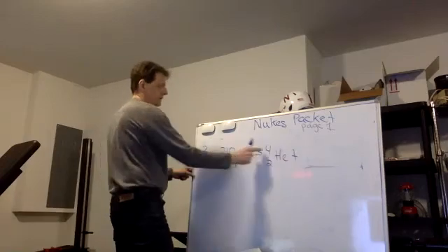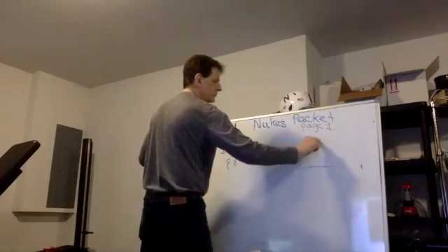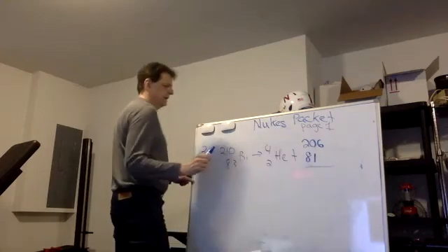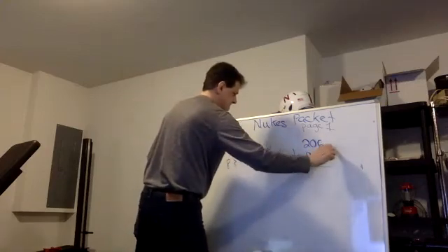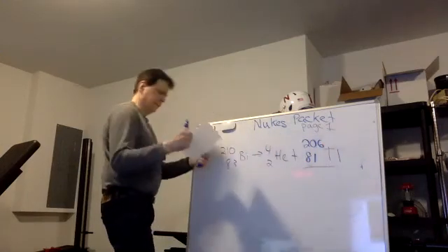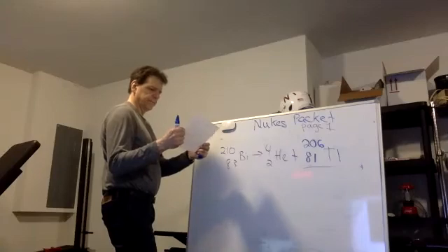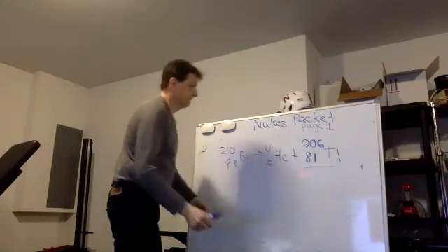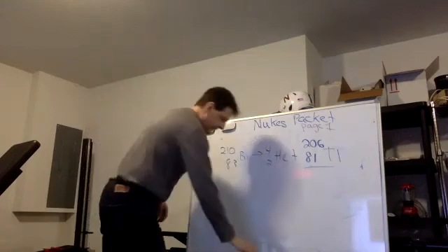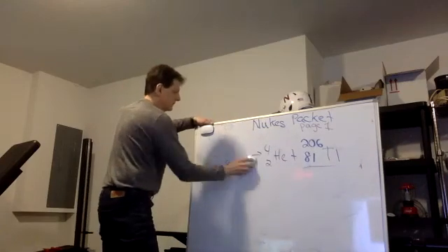So we go 210 minus 4, 206, 83 minus 2, 81, and 81. I think it's thallium. I'll double check that. Yes, I was right. Thallium. All right, on to number 3.